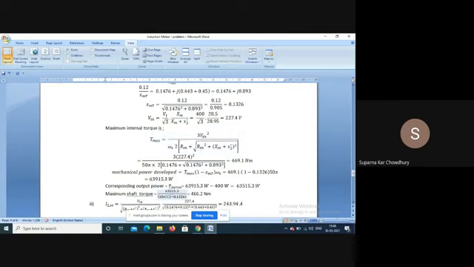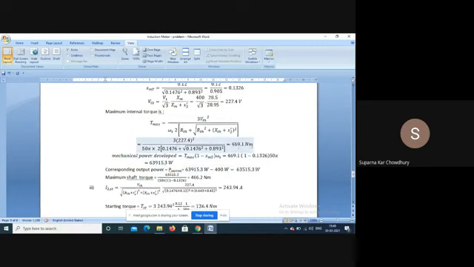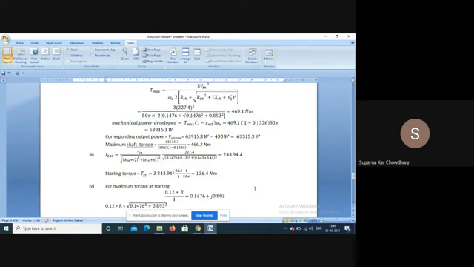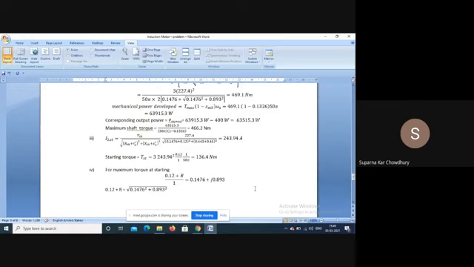So this will be 63515.3 divided by 50 into pi into 1 minus SMT. So this is 462.2 Newton meter. So this is the developed torque, and this is the shaft torque.